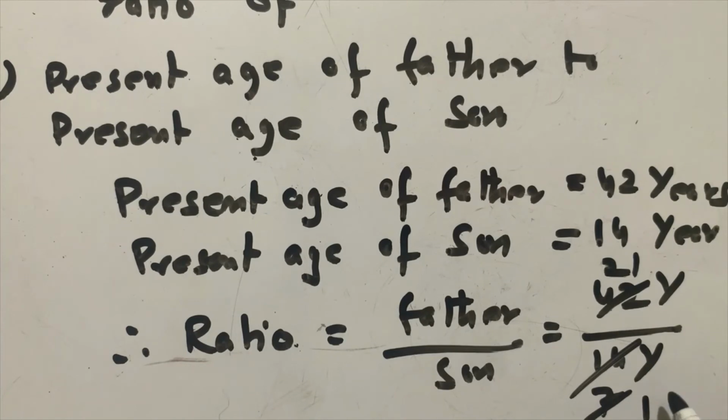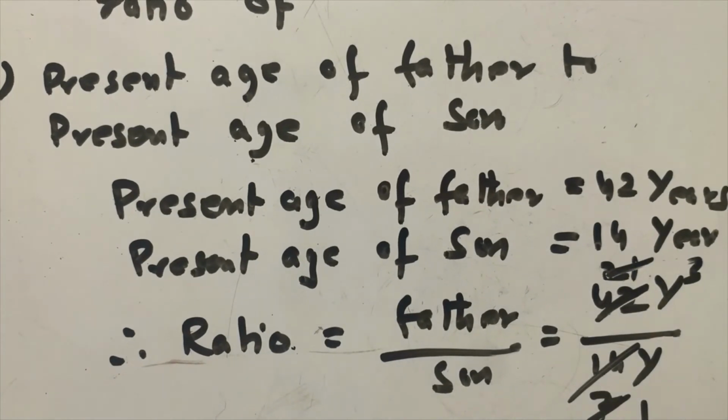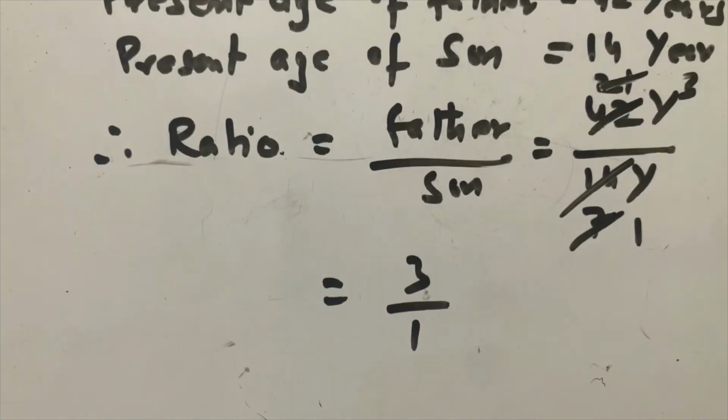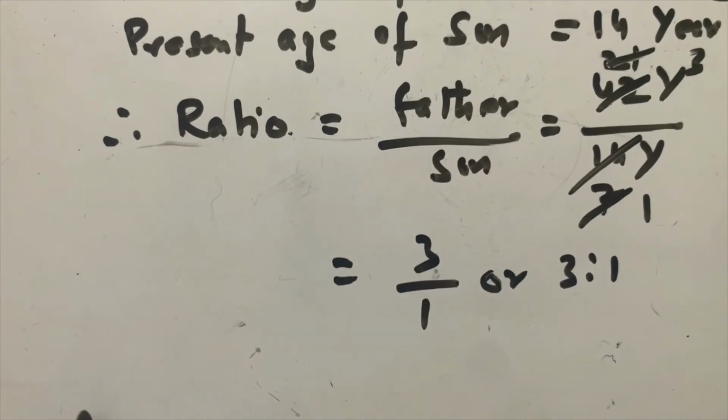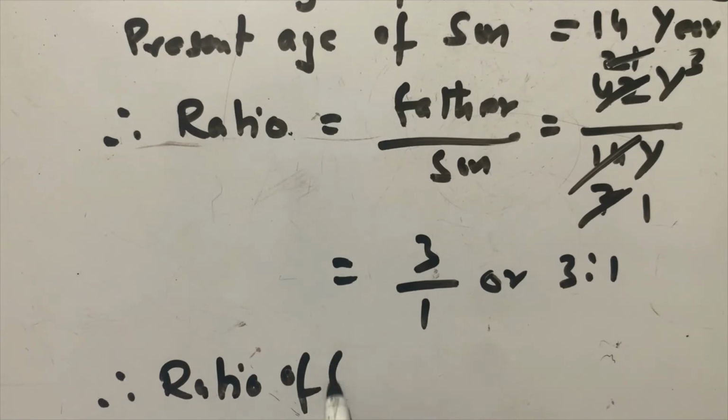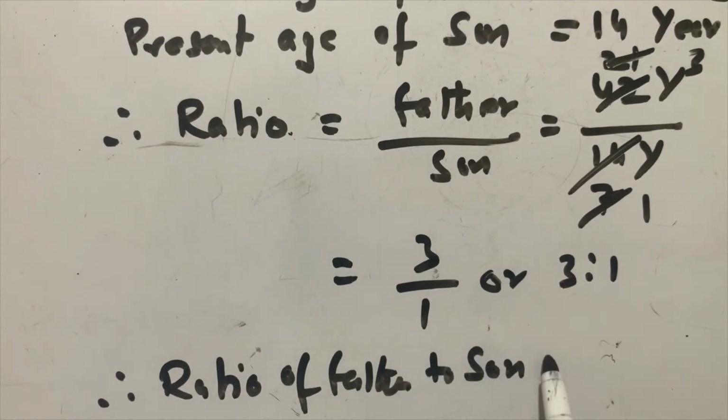We will read the table of 7: 7 3s are 21. 3 is to 1. Therefore, the ratio of father to son is 3 is to 1. Answer.